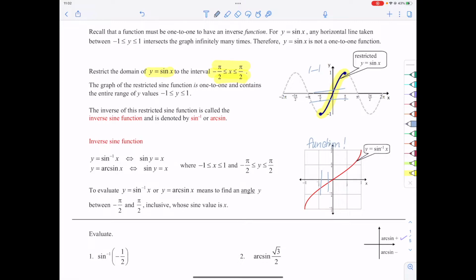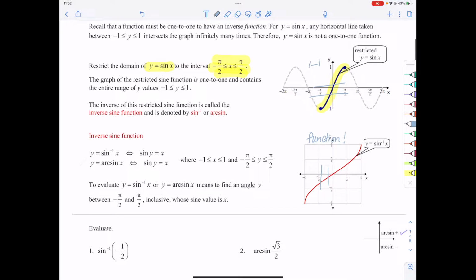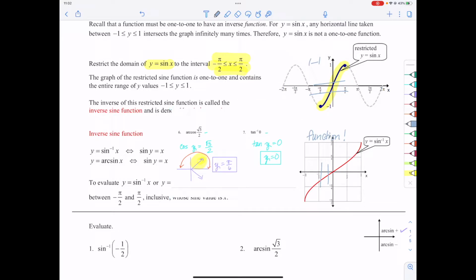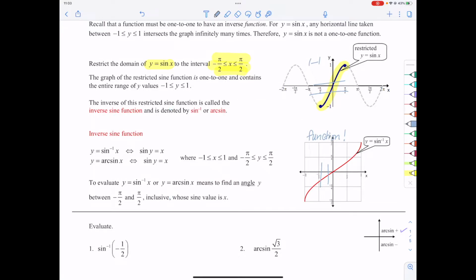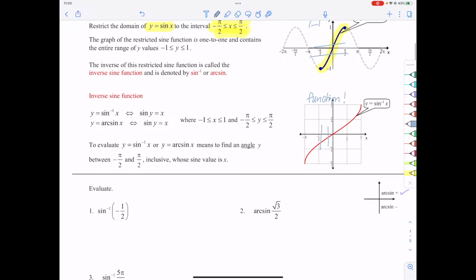Now, the important thing to remember is that the sine of x has a restricted domain between negative pi over 2 and pi over 2 in order for the inverse sine function to exist. Okay? So we will name this function and denote it by either saying sine inverse or arc sine.